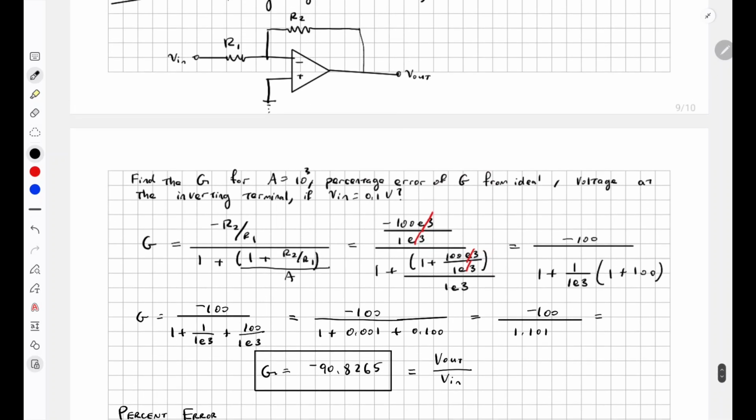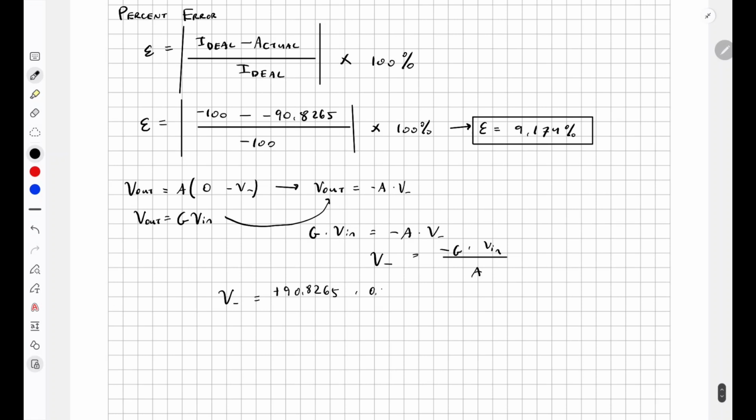We're told that V in is 0.1, and A is 10 to the third. So we just use a calculator, and that is 9.08 times 10 to the negative third, so millivolts.